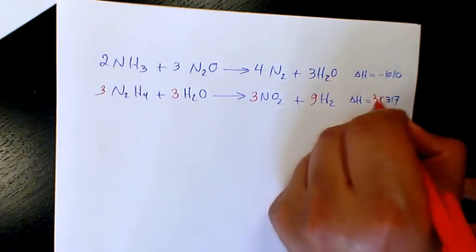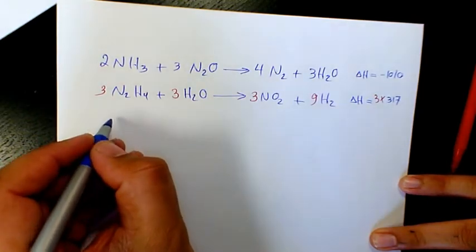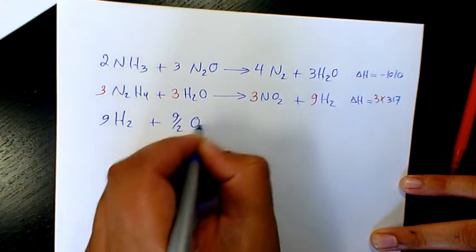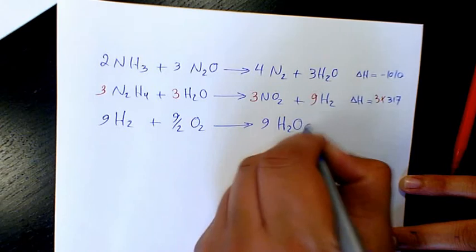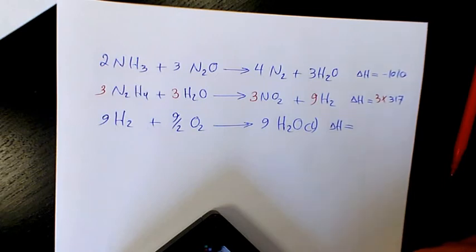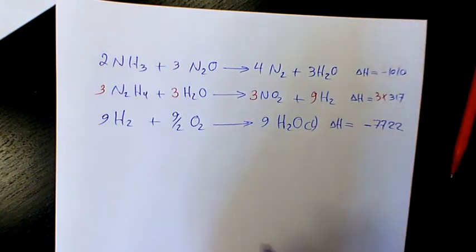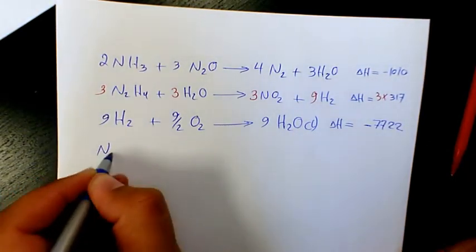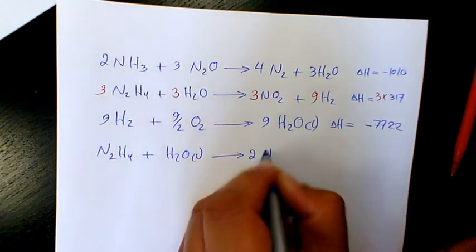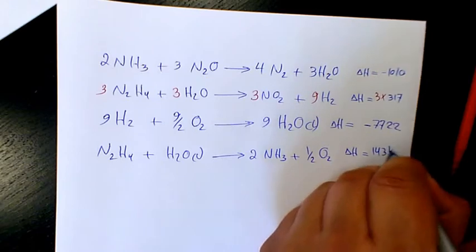So I multiplied this one by 3 as well. Then the third one, I'm going to multiply by 9. 9H2 plus 1 over 2 times 9, 9 over 2 O2, gives us 9H2O liquid. So 9 times 858, it's going to be negative 7722. And finally we have N2H4 plus H2O liquid again gives us 2NH3 plus 1 over 2 O2. Delta H is 143 kilojoules.